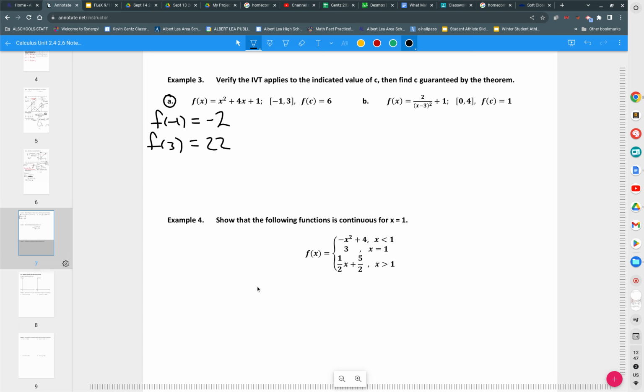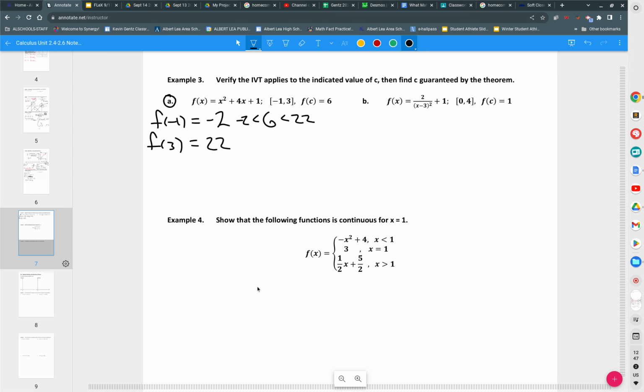Yes. So that means, and this is the big idea, is 6 between those two? Yes. So 6 is between -2 and 22. So the intermediate value theorem guarantees that there's a value C that sits between -1 and 3 that satisfies that. We want to find it.